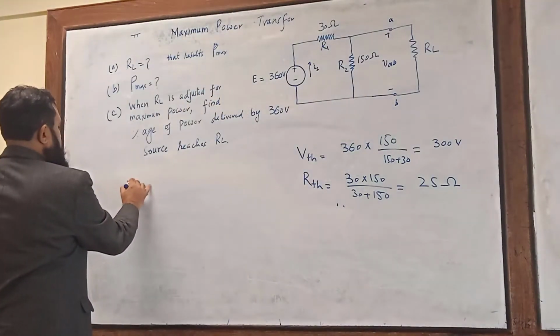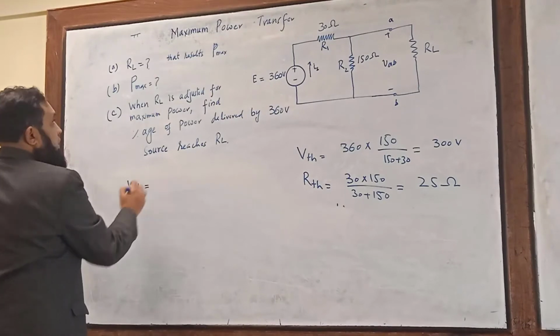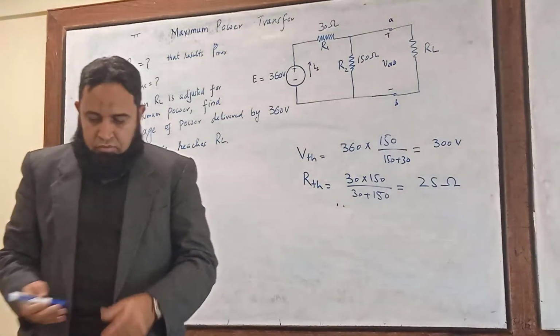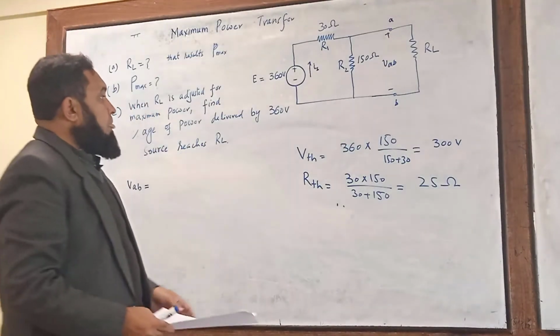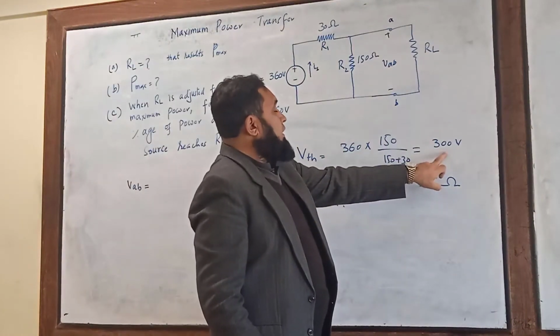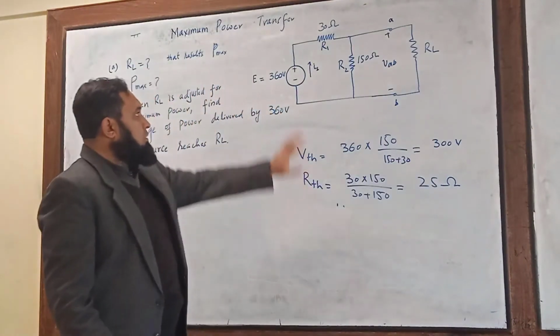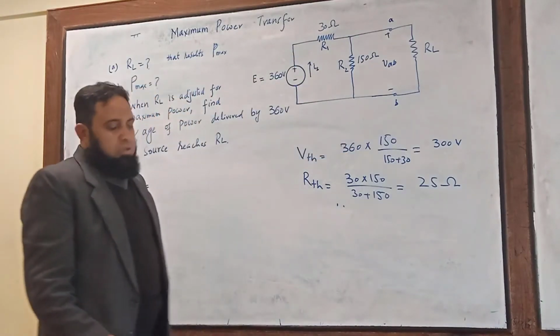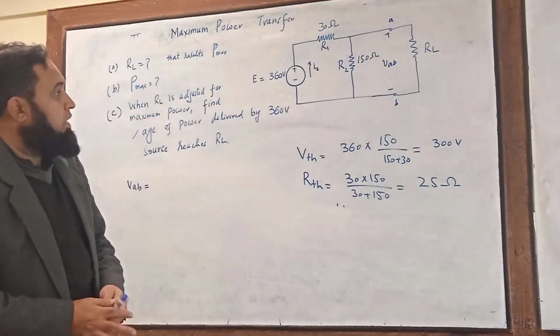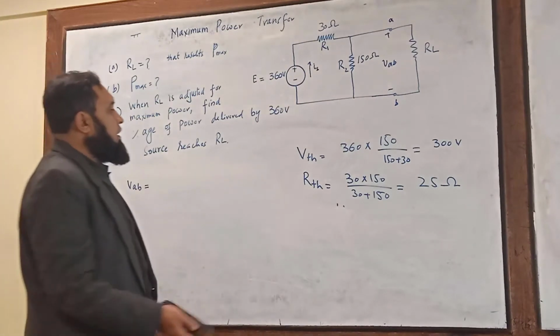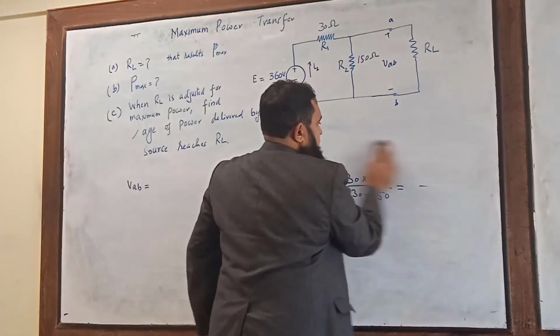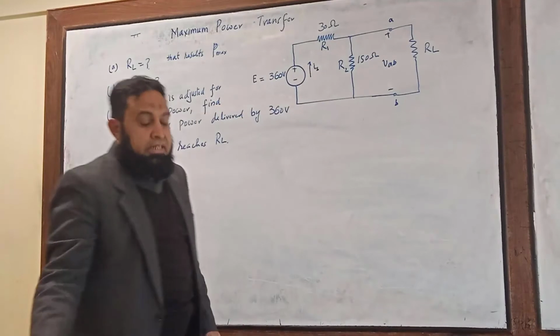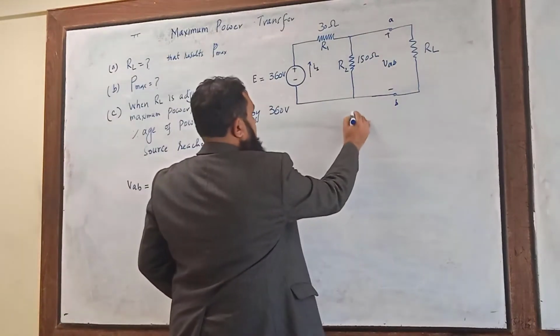VAB is equal to the Thevenin equivalent voltage, because this has been transformed into the Thevenin equivalent source. So let me first draw the Thevenin equivalent circuit so that this expression can be easily understood.